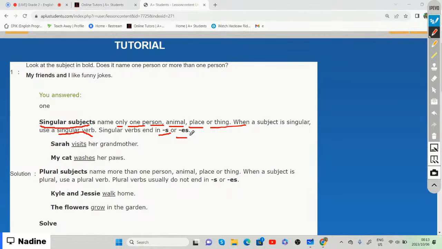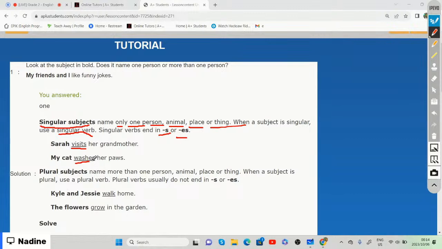That is one person or one thing doing an action. For example, Sarah visits her grandmother. And my cat washes her paws.